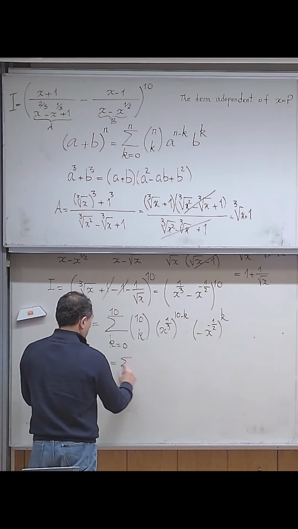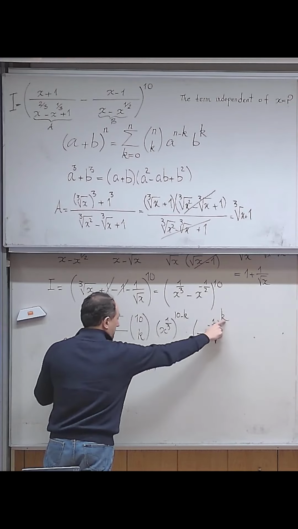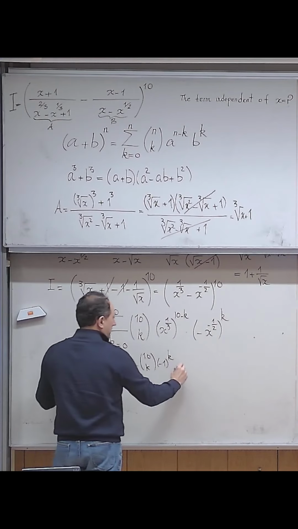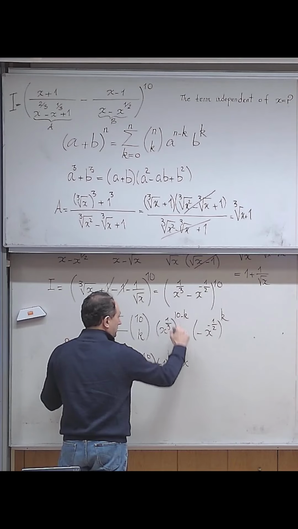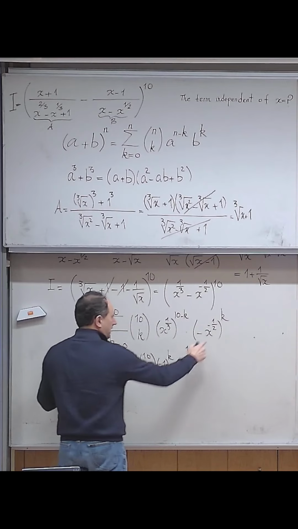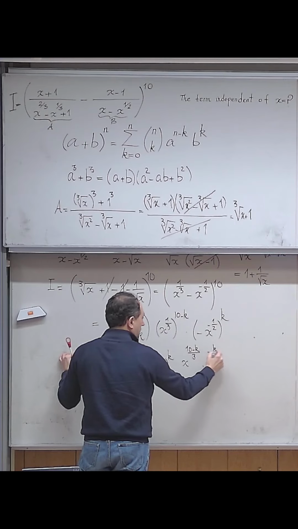So this becomes sigma, k goes from 0 to 10, 10 choose k, but this is minus to the power of k, so I will write it here. But then this becomes x to the power of 1/3 multiplied by that, it becomes 10 minus k over 3, and then this becomes times x to the power of minus k over 2.